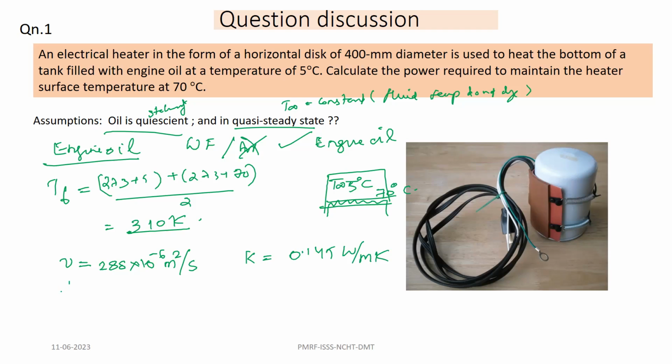Then the alpha value, our thermal diffusivity, is 0.847 into 10 raised to minus 7. And also the beta value, as I discussed, just use the equation 1 by TF, so 1 by 310 Kelvin. It has to be in Kelvin. So that will come to be 0.7 into 10 raised to minus 3. So we have all those values. Okay.